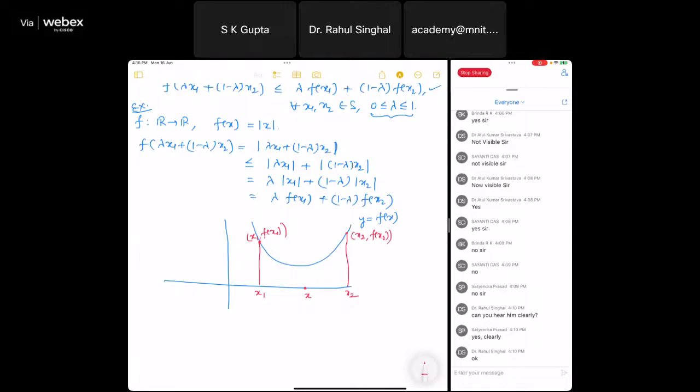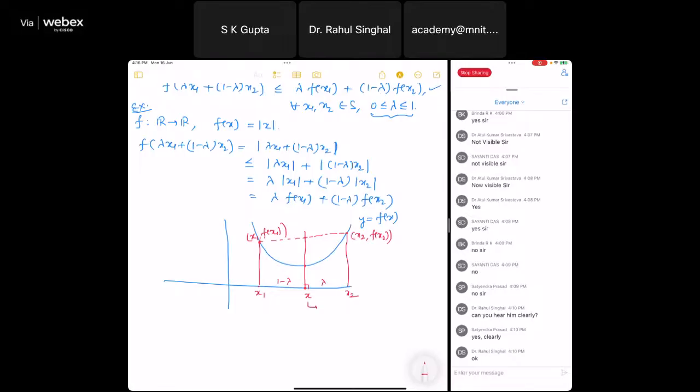Now you join the chord. Now if you draw a line perpendicular to the x-axis passing through this point x, it will intersect the curve here and the chord here. Suppose this point divides the line segment in the ratio (1 minus lambda) is to lambda.